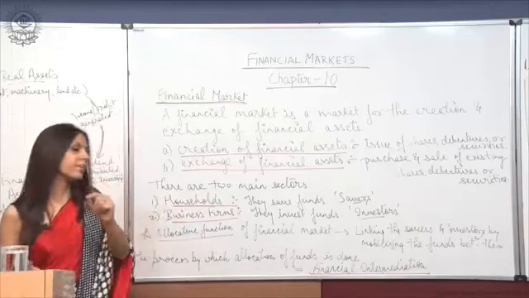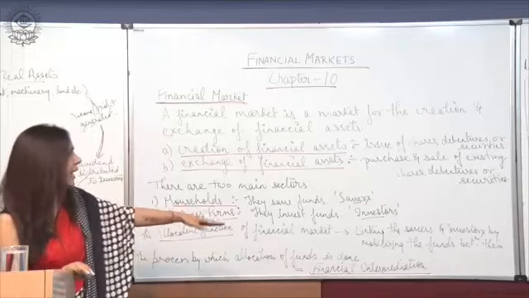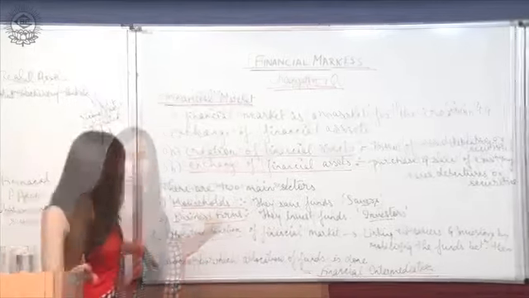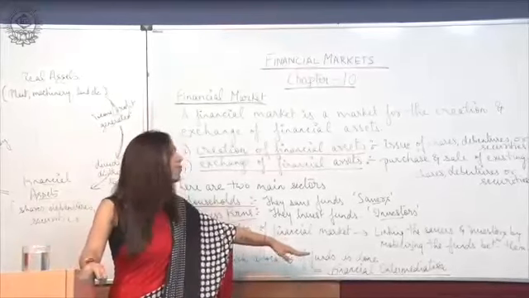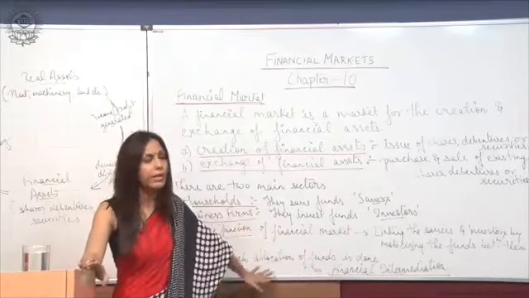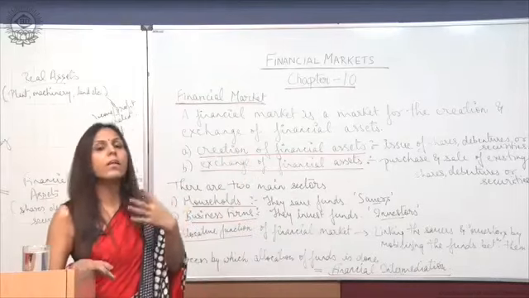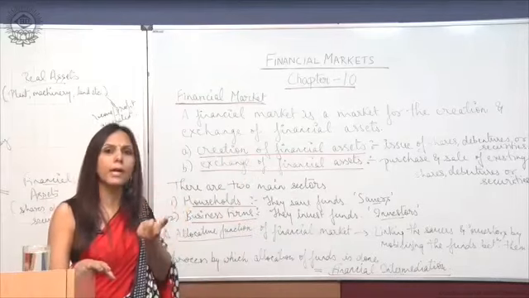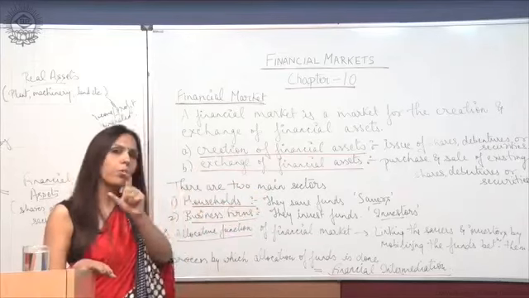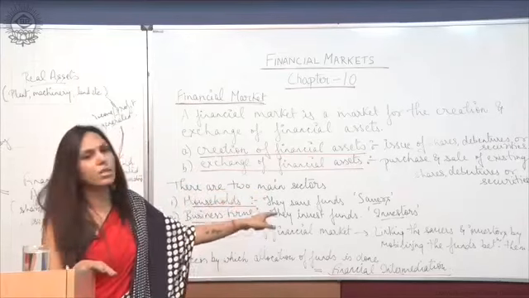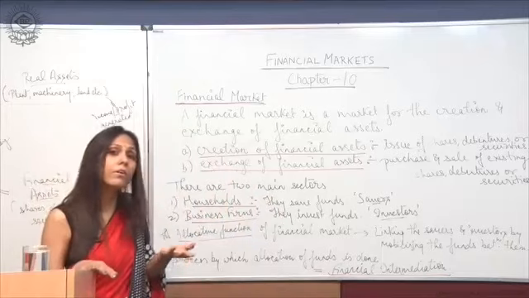There is one more definition. What is financial intermediation? It is the process by which allocation of funds is done. How these investors invest the money of the savers in different funds, how they allocate, that process is called financial intermediation or the allocation of funds.